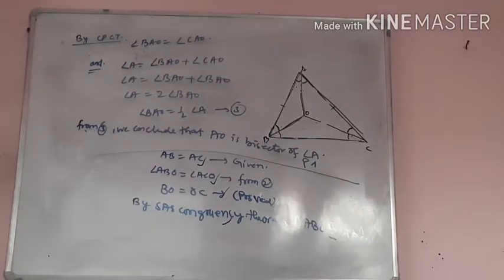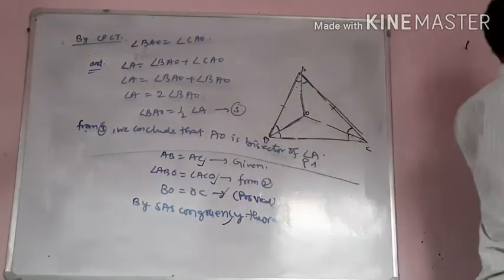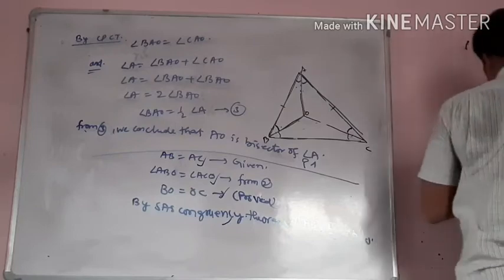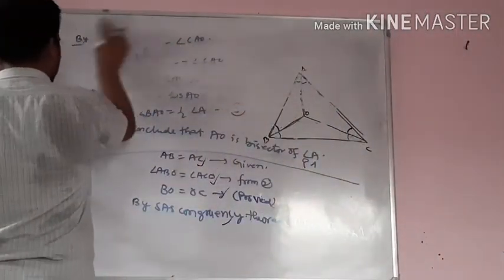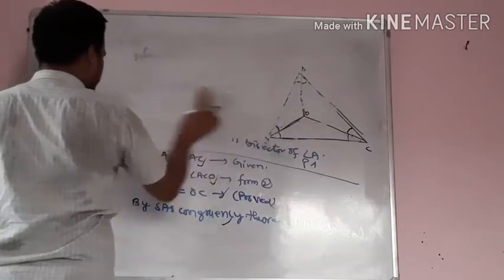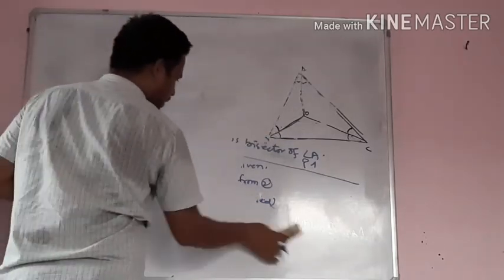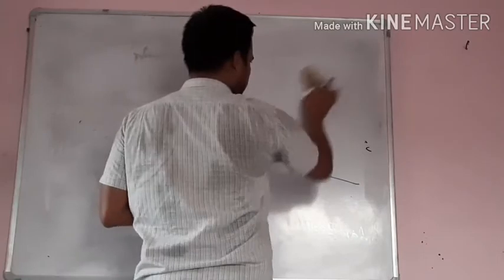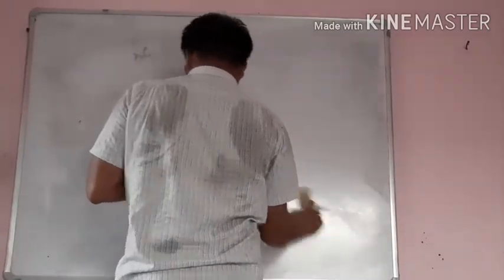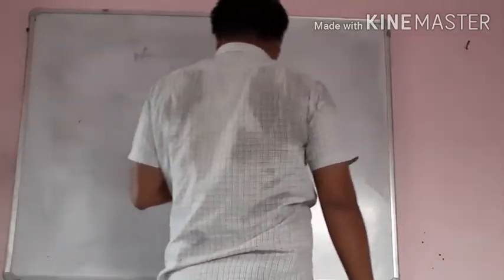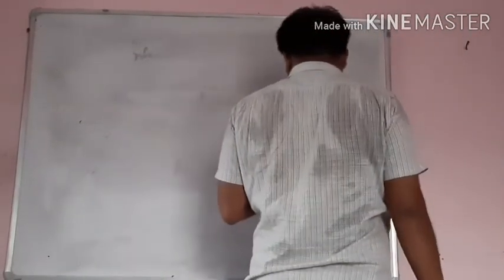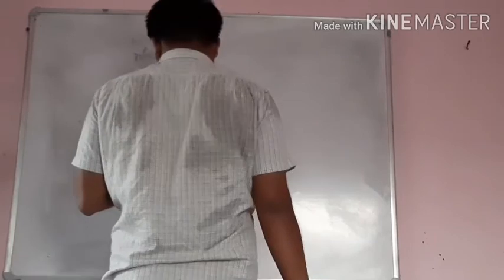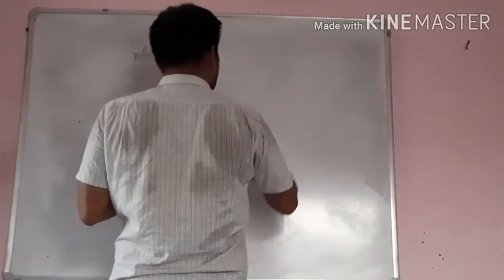Now see question number 2 of 7.2. What is given? In triangle ABC, AD is the perpendicular bisector of BC. So triangle ABC is an isosceles triangle in which AB equals AC.